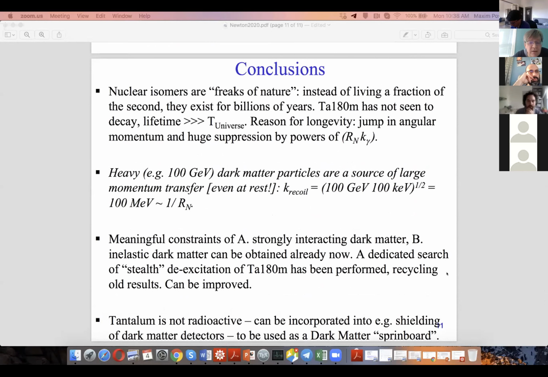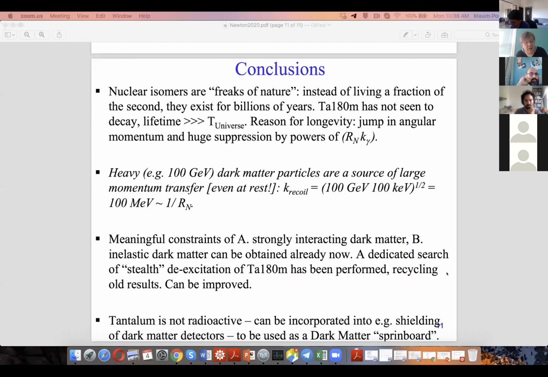So the next thing it would be nice to do is to incorporate tantalum into shielding. It works well as a shielding. It's not a radioactive thing. Well, 180m doesn't decay, as I was trying to pass on this point. And it's cheap.